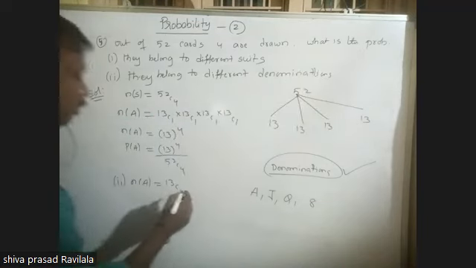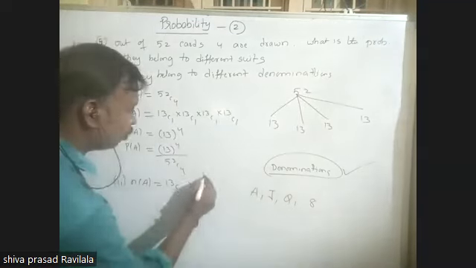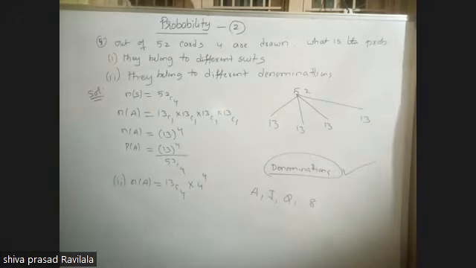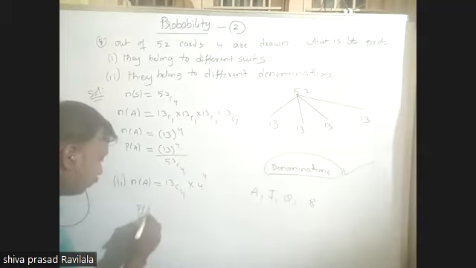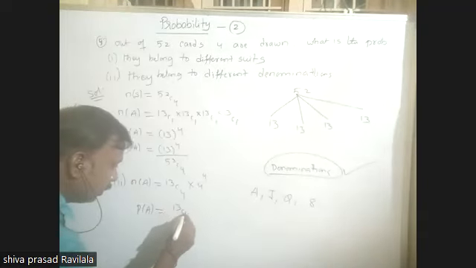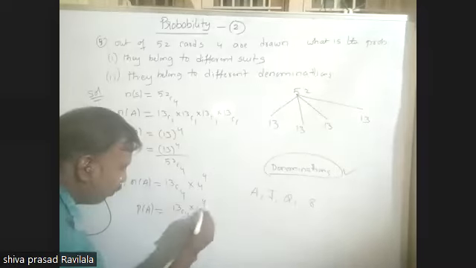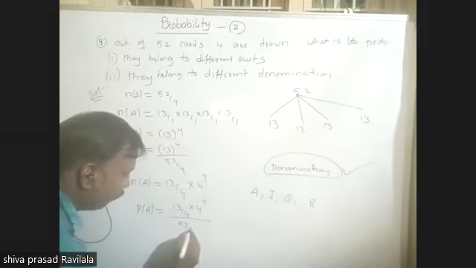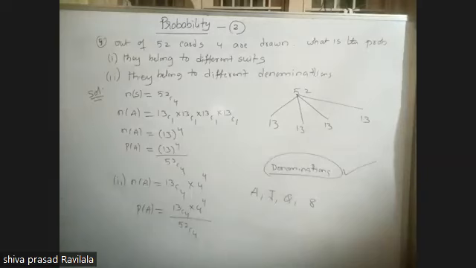Therefore, n of A is 13C4 into 4 power 4. We can take anything. P of A is 13C4 into 4 power 4 by 52C4. That is the difference between different suits and denominations. Okay, write down.